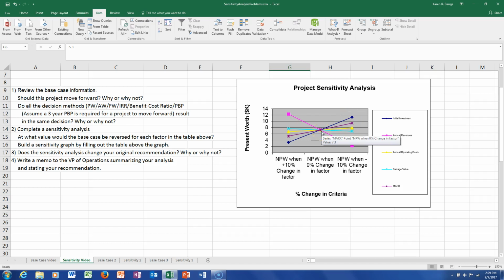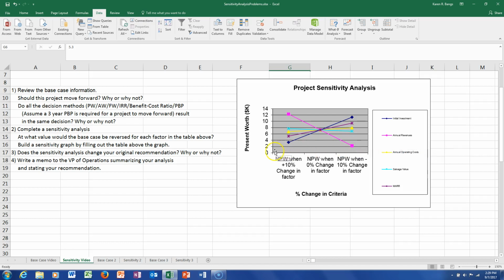Versus when annual revenues drop by 10%, the net present worth of the project goes down because my cash flow coming in drops, so therefore my net present value is going to drop as well.